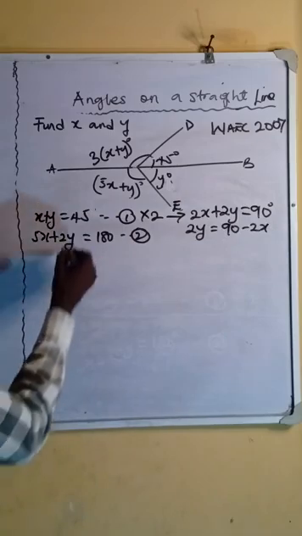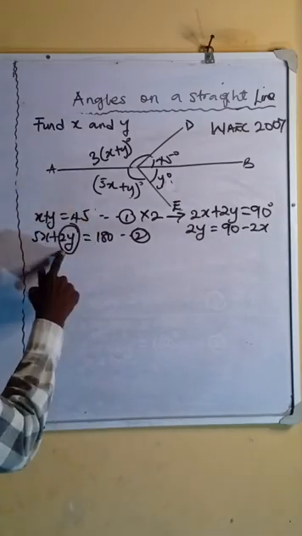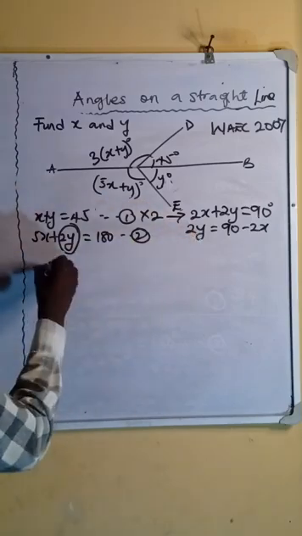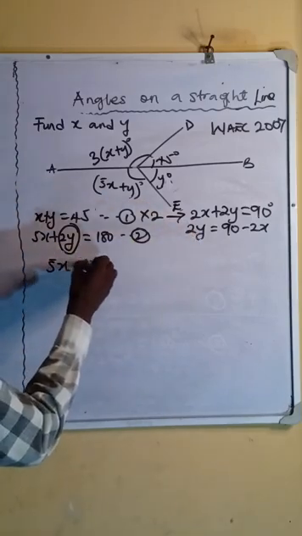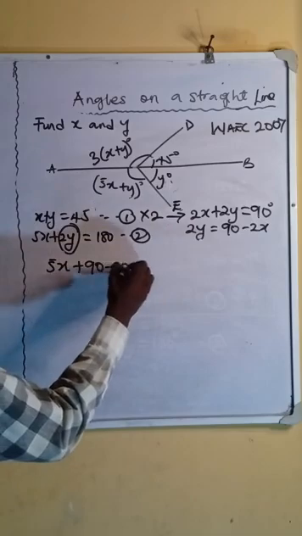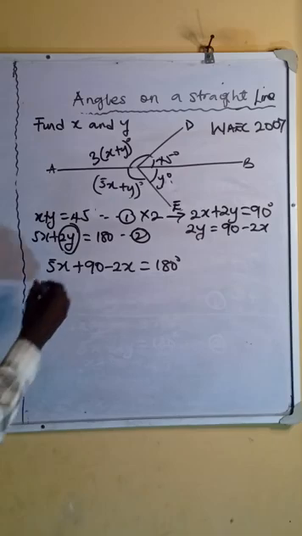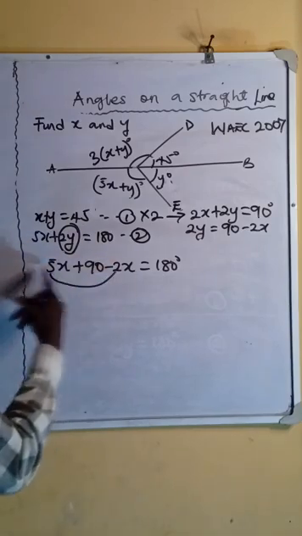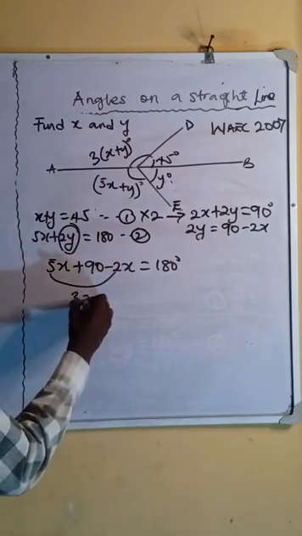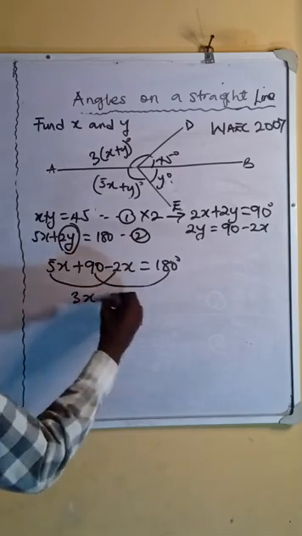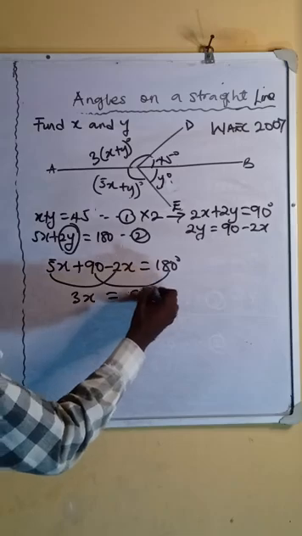So going to equation 2, wherever I have 2y, I will now have 5x plus 90 minus 2x equals 180.